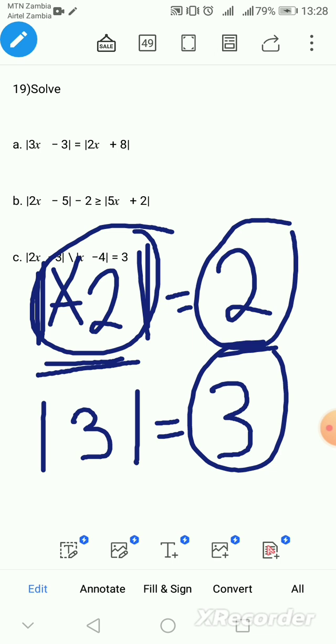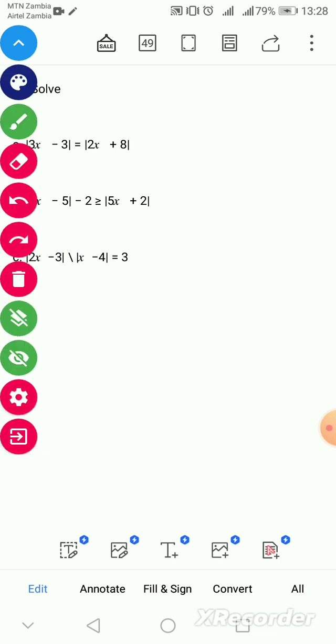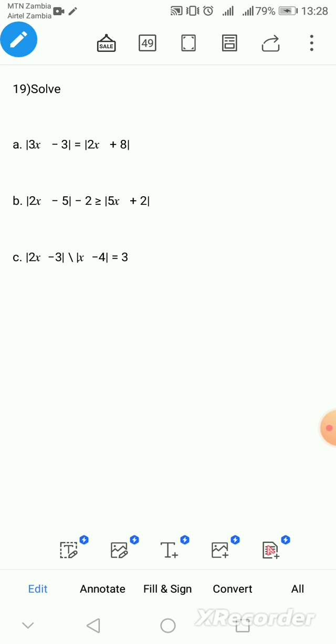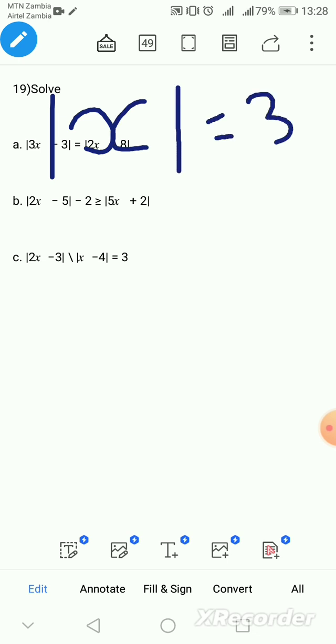Now, when we start bringing this modulus into mathematical equations, the simplest equation that you can find can be written like this: the modulus of x is equal to 3. Then you're asked to find x.